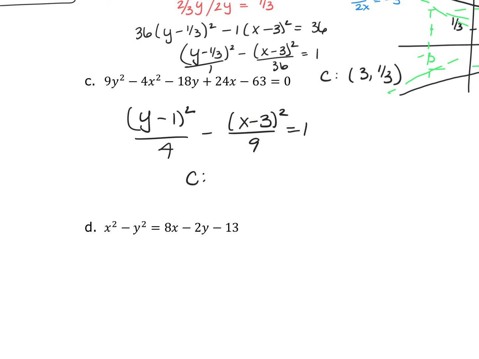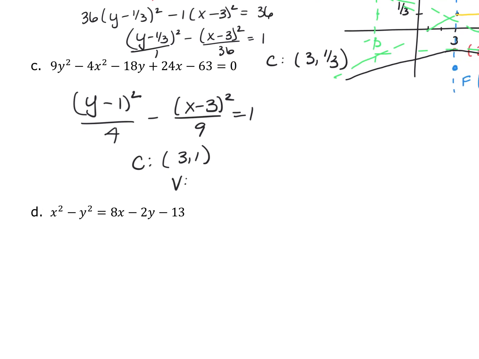From here you can tell the center is (3, 1). You know your vertices are going to be, because this is the transverse axis, it's going to run parallel to the y-axis. So it will be (3, 3), and the other one would be (3, -2).